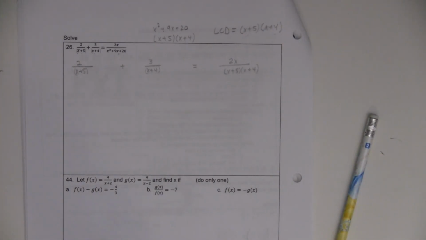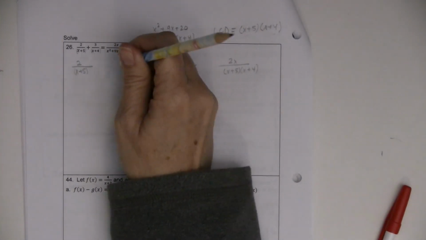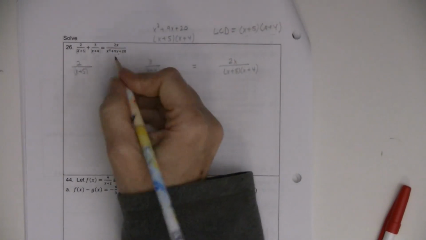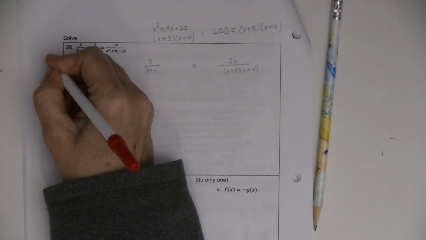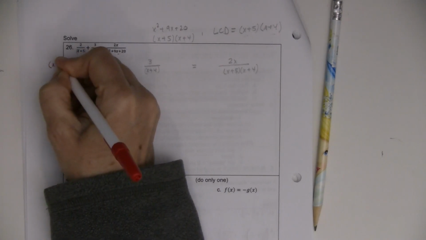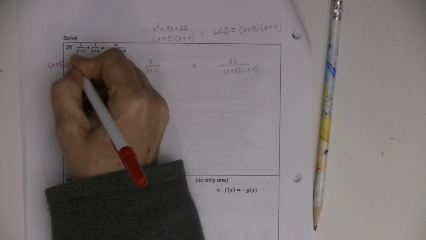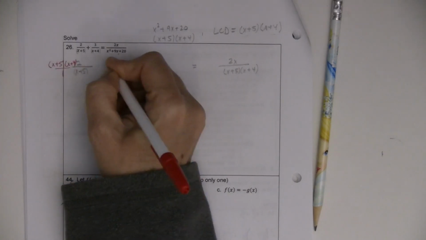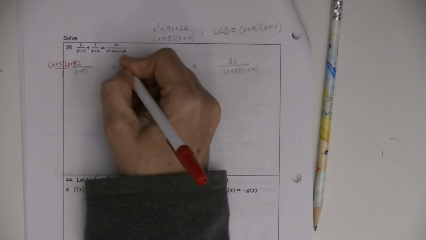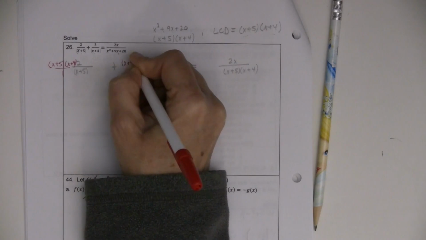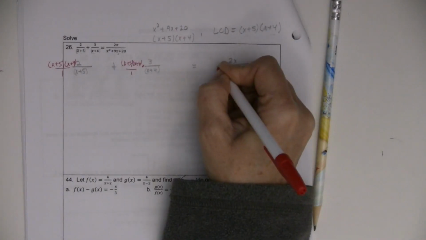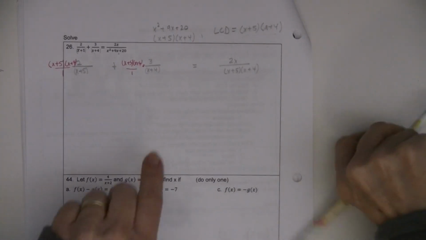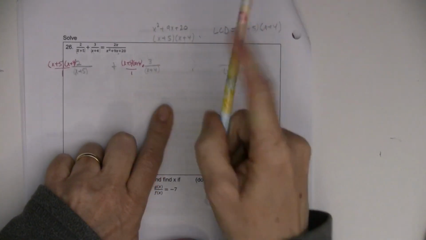And now I'm going to multiply every single piece, both sides of equals, by the common denominator. So I'm going to multiply by x plus 5, x plus 4 over 1. And then times here, x plus 5 times x plus 4 over 1. And then times here, I'm going to scoot that equals over because I didn't give myself the right room.